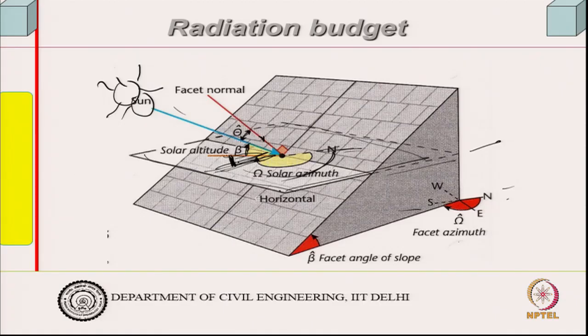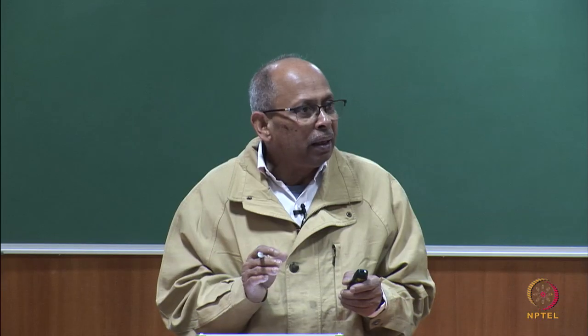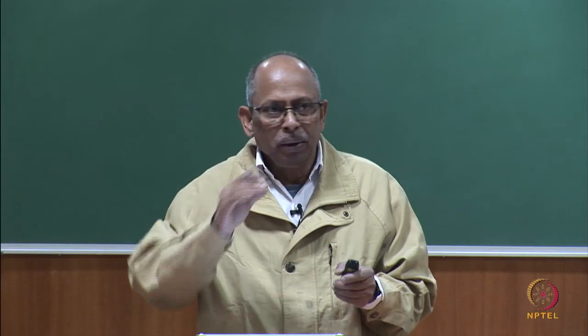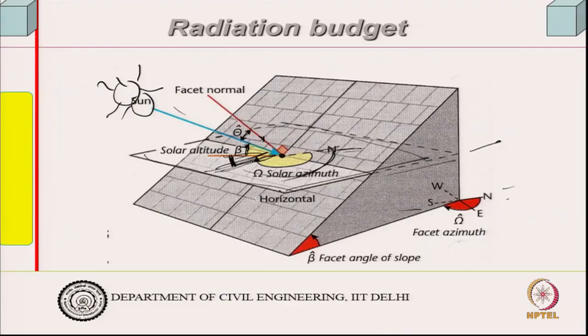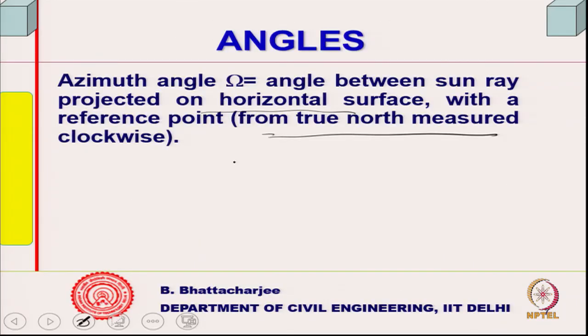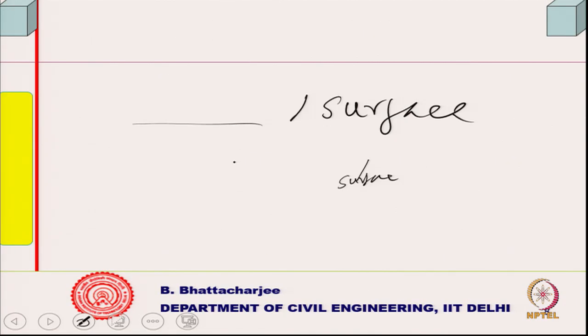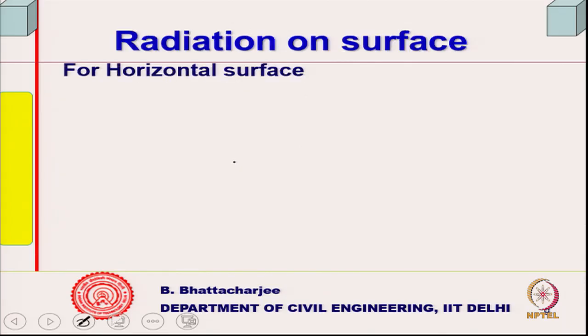That is the azimuth difference between the sun and the surface. In case of a wall we call it wall solar azimuth. If I am interested in finding the radiation or incident angle for a wall or a surface, this becomes important.